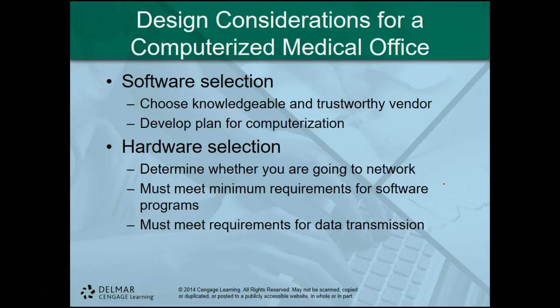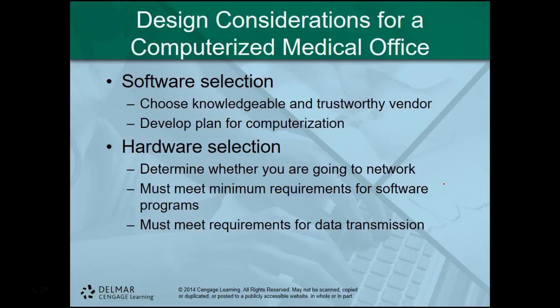Hardware selection is going to determine whether you're going to network, which means whether you're going to be hooked up to a bunch of other computers, or if you're going to do that hardwire or wirelessly. Usually the hardware selection must meet minimum requirements for software programs, and then also must meet minimum requirements for data transmission. So for the few of you who are old enough to remember dial-up internet, that would not work with a network that would be built today because the download speeds and the connecting speed are incredibly slow.